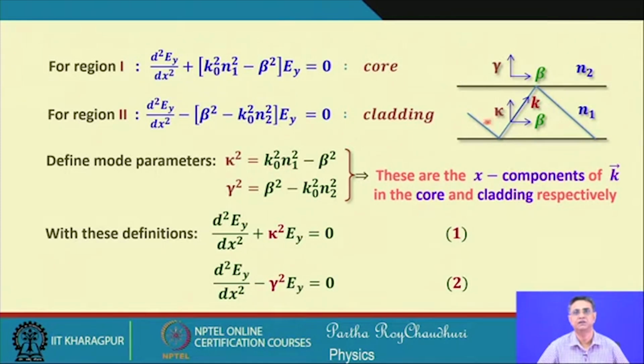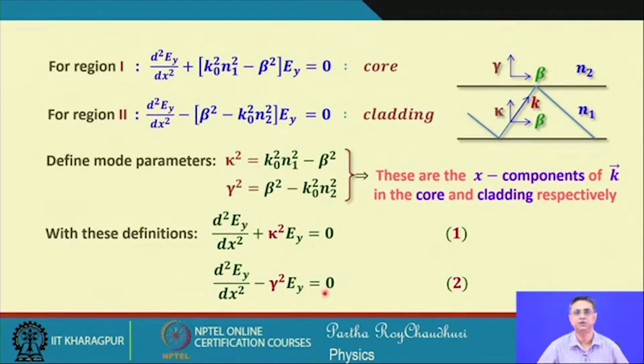And because k 0 n 1 is more than beta, we write in this way, whereas beta is more than k 0 n 2. So, we write in this way for modes to be supported. We will look at this condition later. With these definitions, we can write this equation, del square u y del x square plus kappa square u y equal to 0 for the first equation, and for the second equation we can write del square u y del x square minus gamma square u y equal to 0.